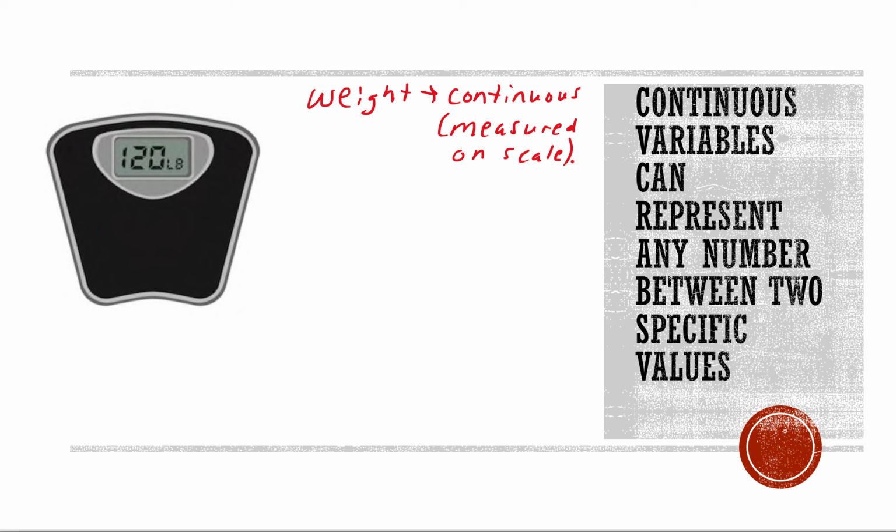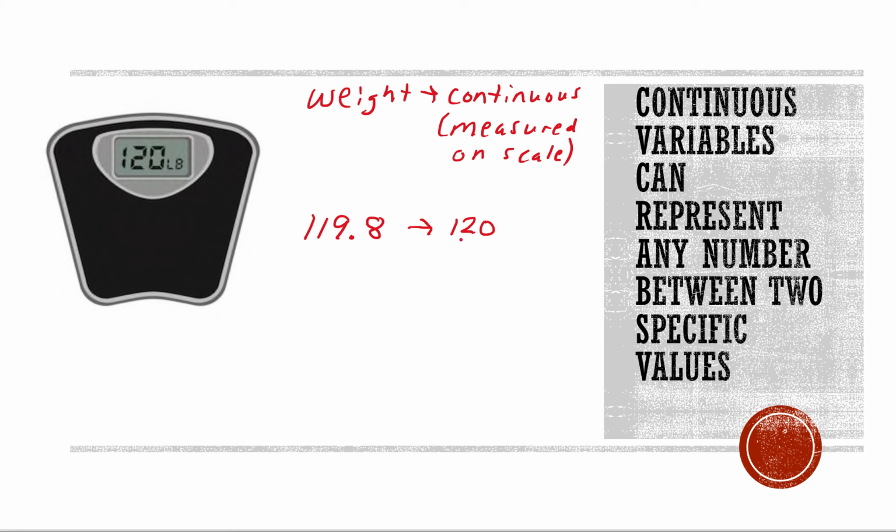So what I want you to think about is if someone steps on this scale and the scale reads 120, I want to know if that person weighs exactly 120 pounds. If you think about it, what if the person actually weighs 119.8? Knowing that the scale only records a whole number, if that is your actual weight, the scale is going to read 120.